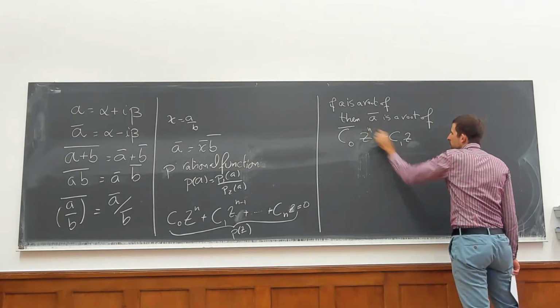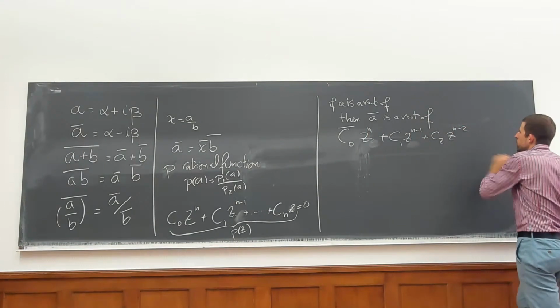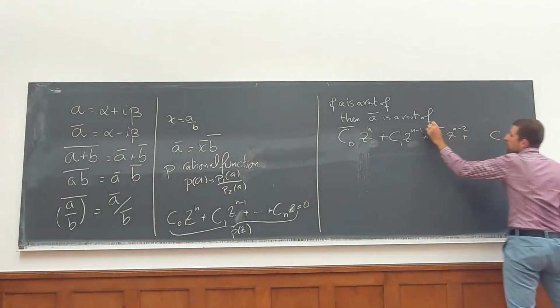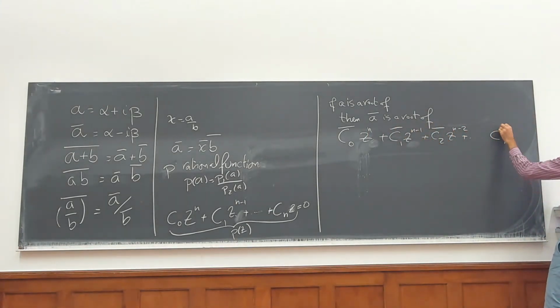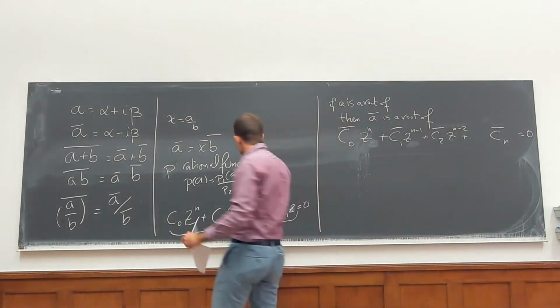No, Z^n, sorry. And so it's the root of this equation. I sometimes will say it's a root of the polynomial, or root of the equation, which are of course all the same things.